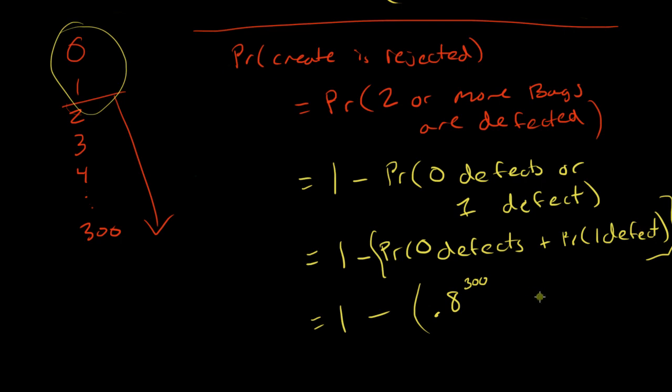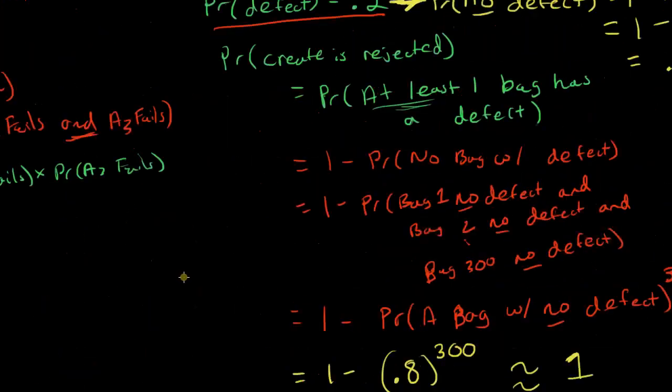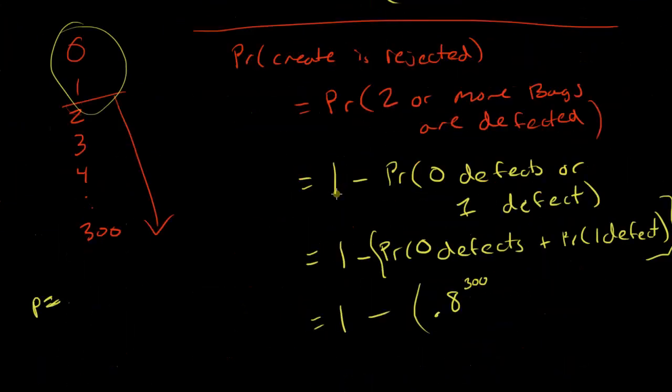But what about 1 defect? How do I find that? The probability of having 1 defect, right? So 1 out of the 300 bags has some sort of defect. This is a binomial type problem where p is the probability of having a defect, which is 0.2. And 1 defect would be x equals 1, and n is 300.